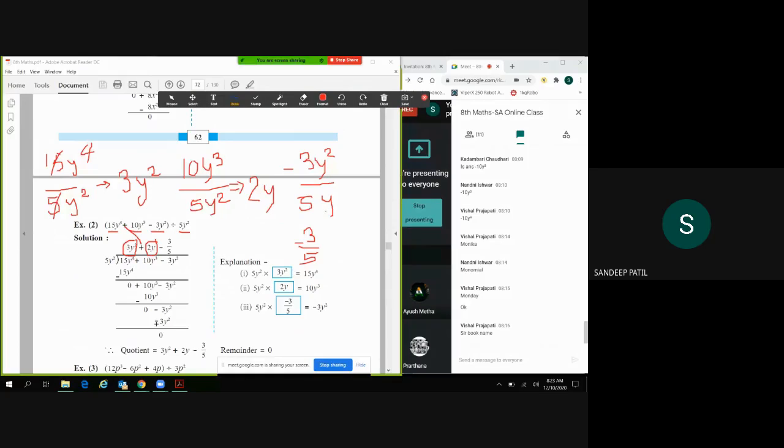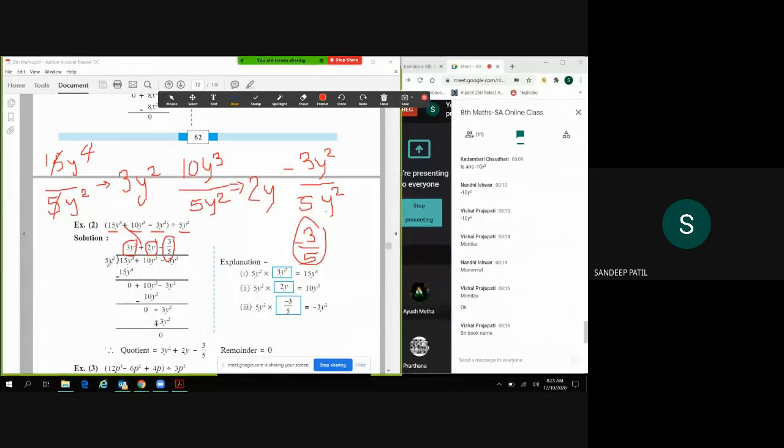Then y square divided by y square becomes 1. So only minus 3 by 5 remains. So this is how we write the answer on the top of this division.